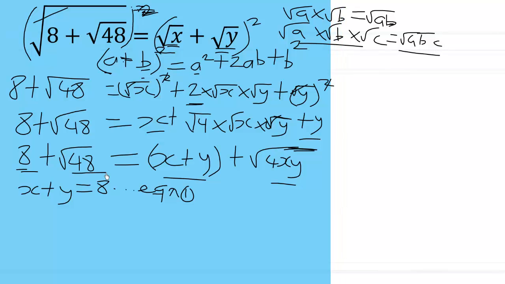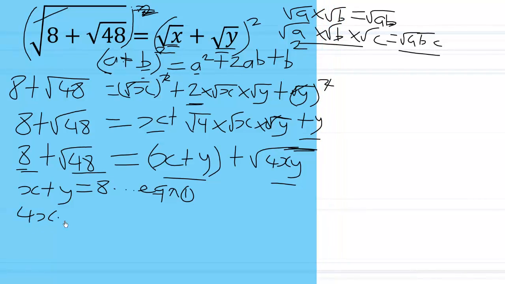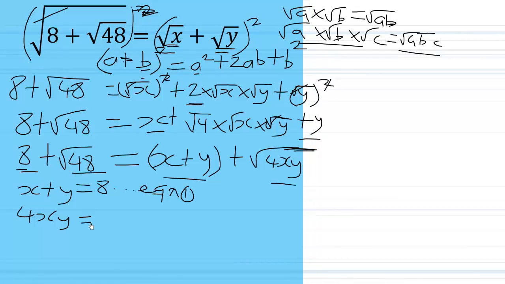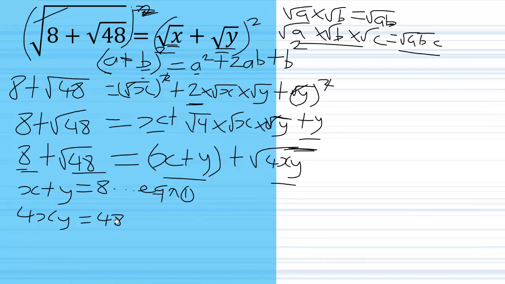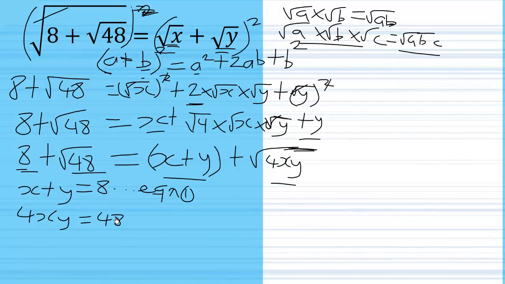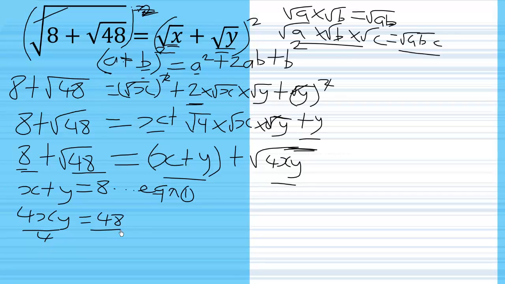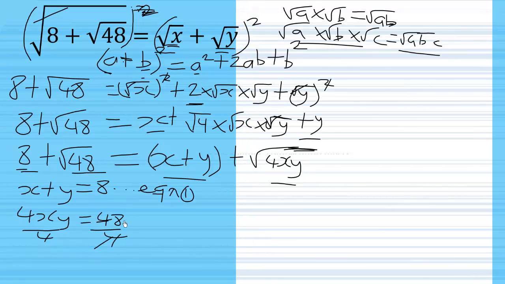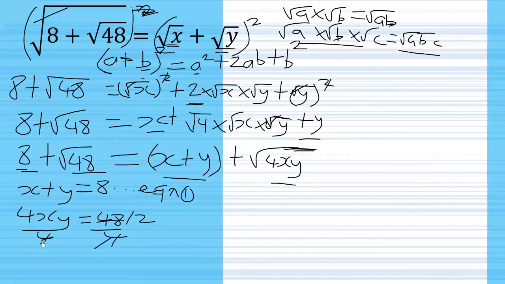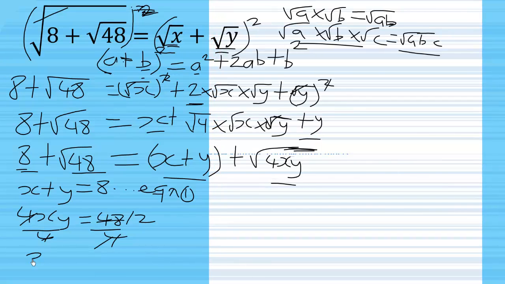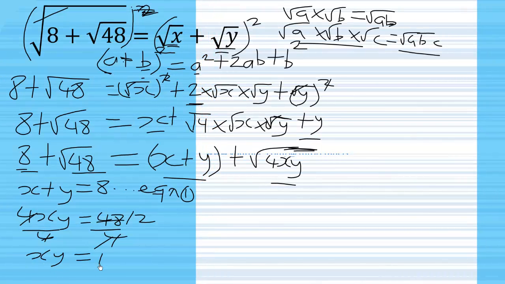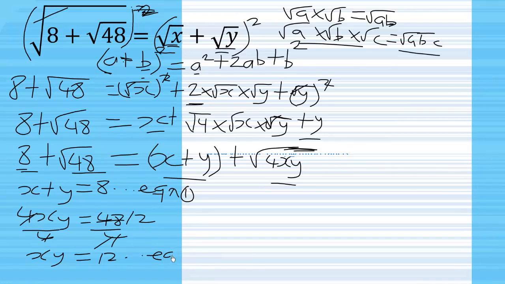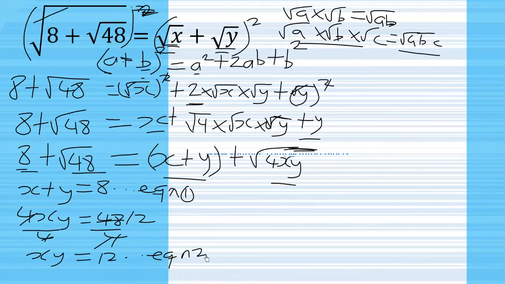So that will be 4xy is equal to 48. So dividing through by 4, 4 will go into 48 12 times. 4 will go into 4 once. So we have xy is equal to 12. So we can call this equation 2.